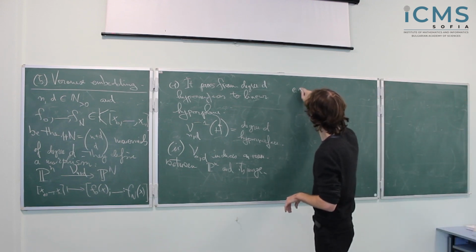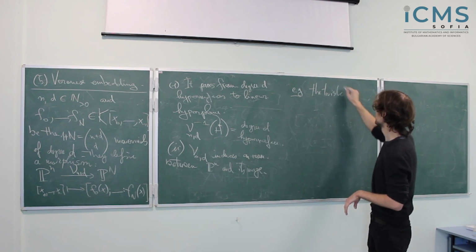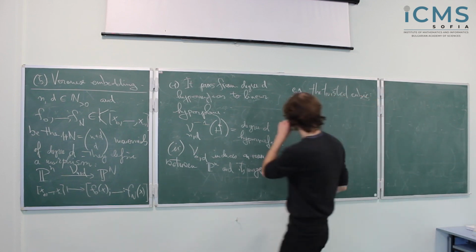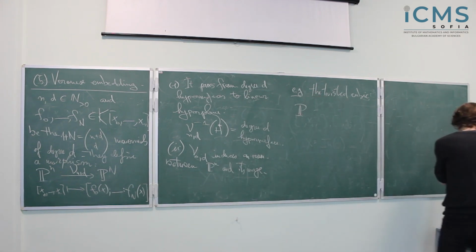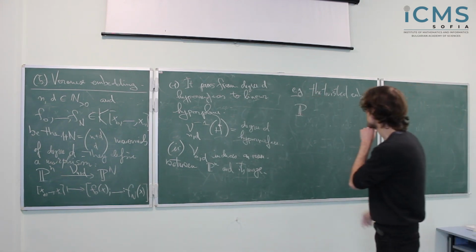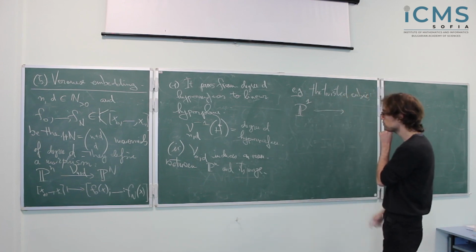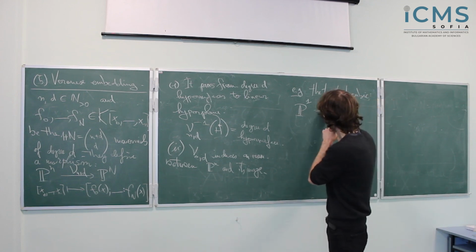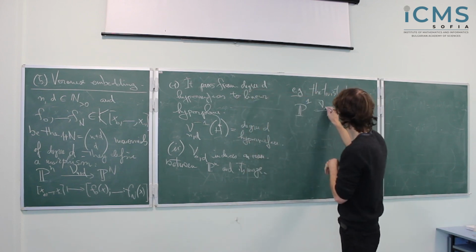So, for instance, the twisted cubic. The twisted cubic is a very simple example of a Veronese embedding. So you start with P of 1, and you will embed it in P of 2. So we start off with only one variable, right?